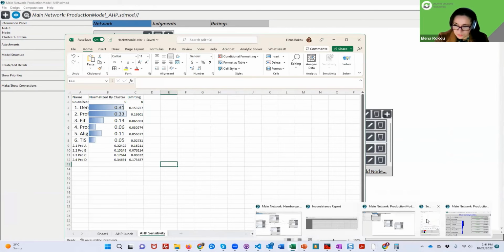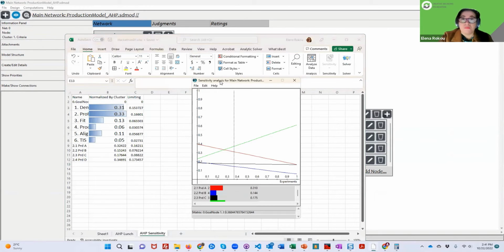Graph. What does it say? This is the sensitivity analysis for demand. I'm focusing first of all on the red and green line, and I go to the cross point immediately.